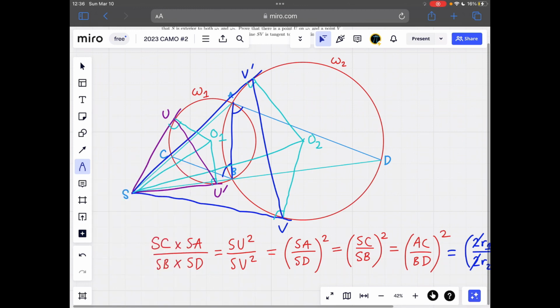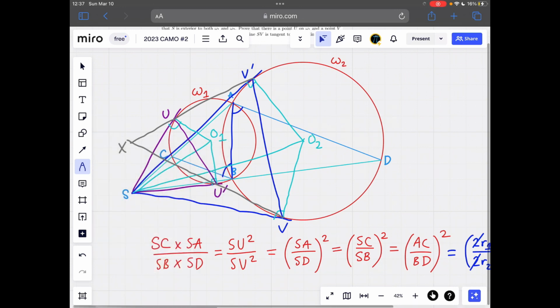And another useful property of the Miquel point is that it is also none other than the intersection of the circumcircles of triangles XUU prime and XVV prime, if X is this point where UV prime and U prime V intersect.